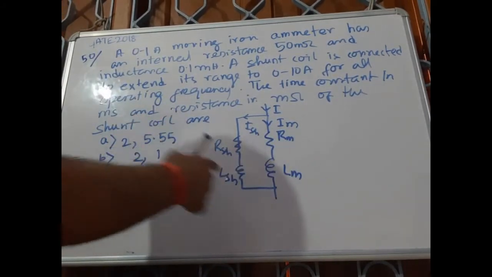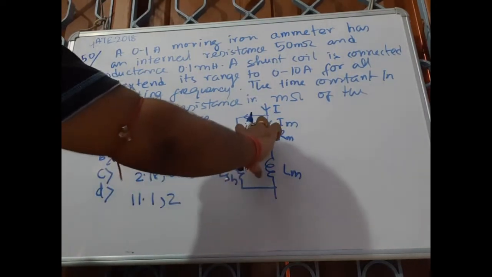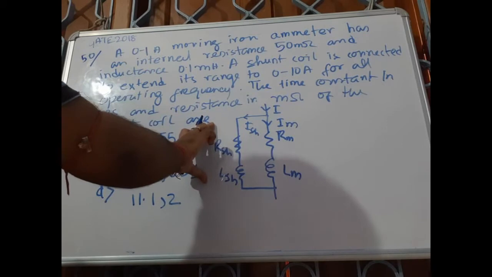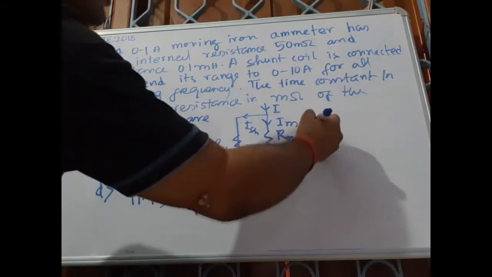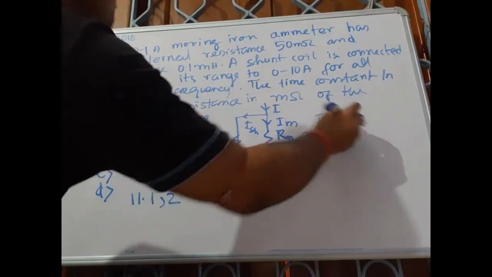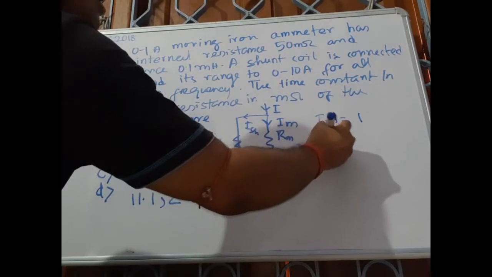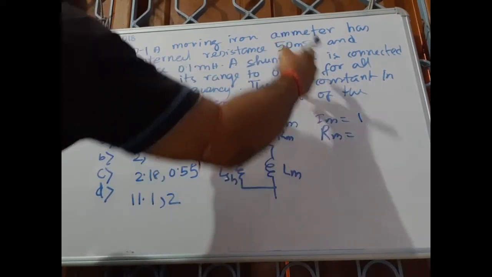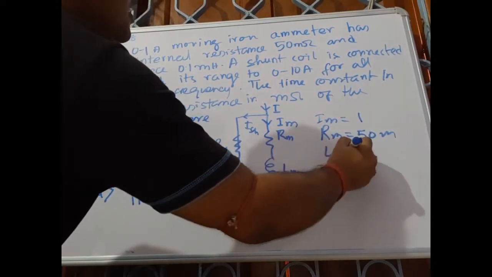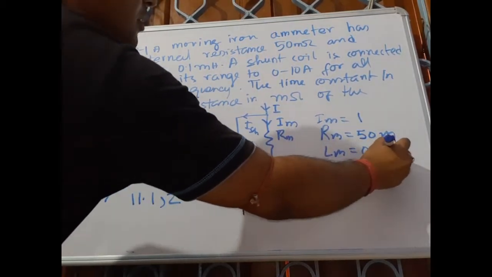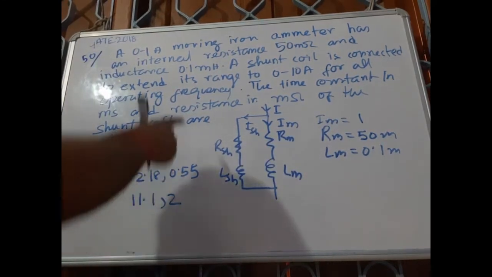So this is the previous ammeter, and this shunt is connected to extend its rating. So Im is the maximum value of the range, so this is 1, and Rm is given as 50 milli, and Lm is given as 0.1 millihenry.